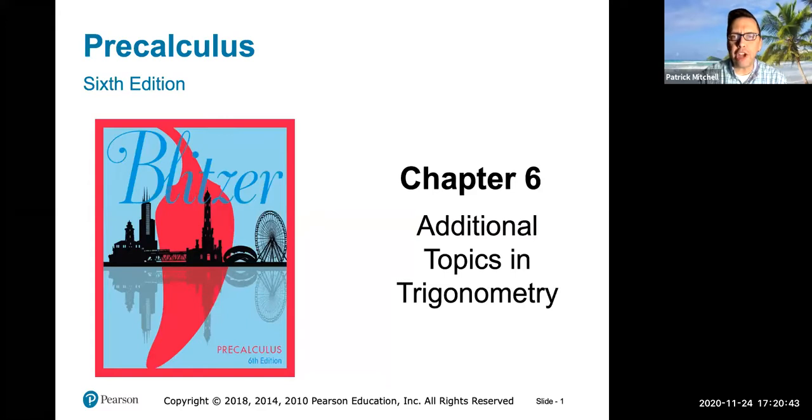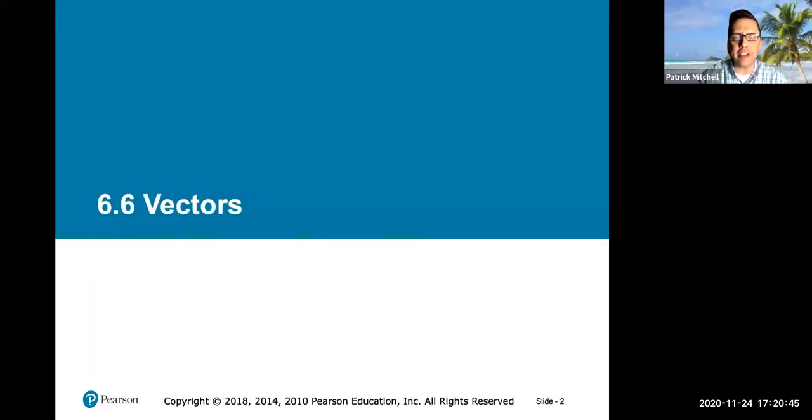We're finishing up Chapter 6 today by looking at Section 6.6 on vectors. If you've ever taken a physics class, a lot of this will probably be familiar to you.